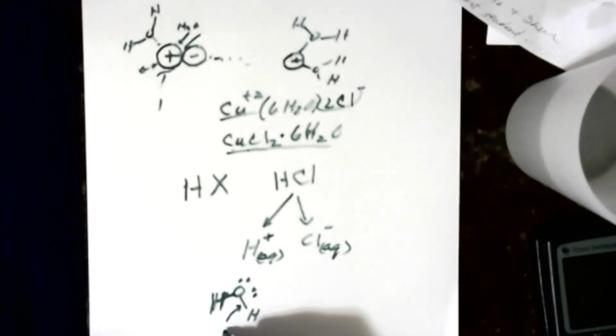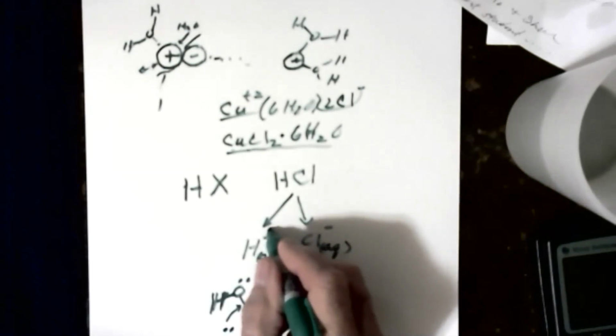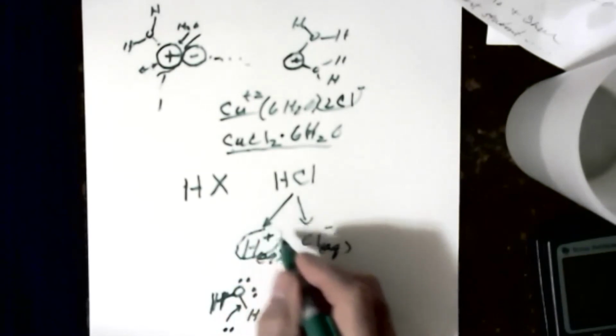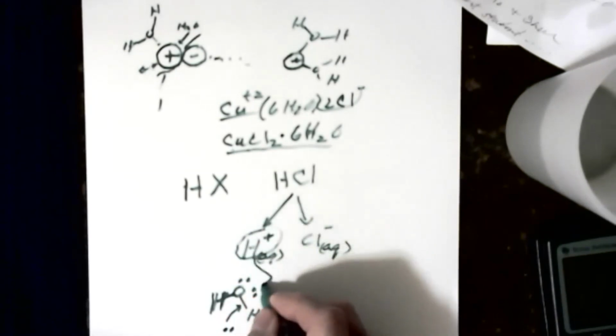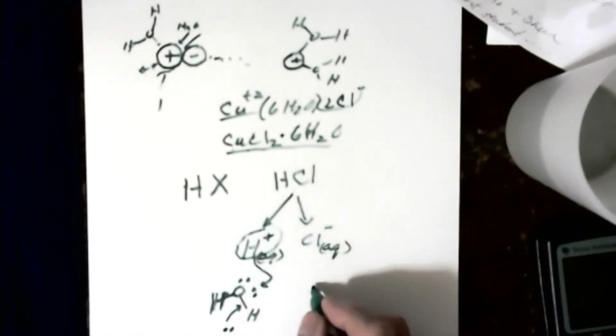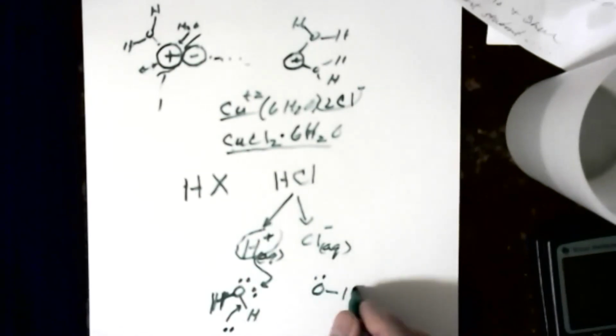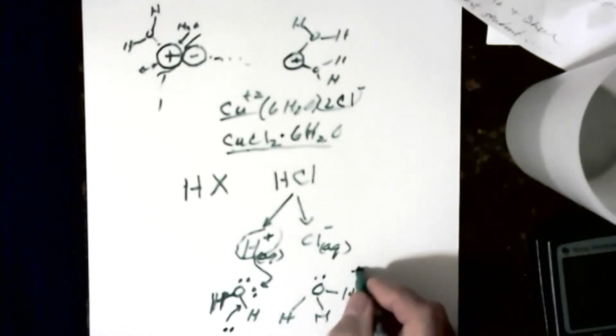Well, you would say it's a pair of electrons. Well, you see, if I take this proton that I have up here, I can attach it onto one of these, and what I would get is that hydronium ion. The whole thing would carry the positive charge.